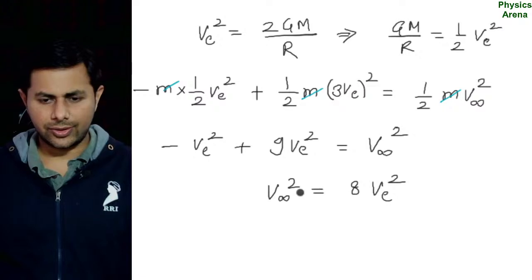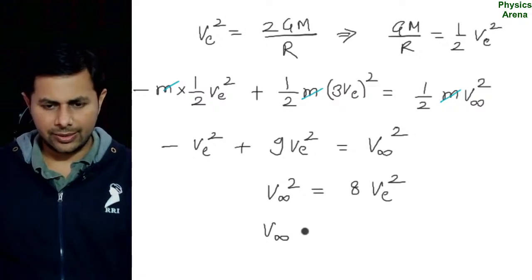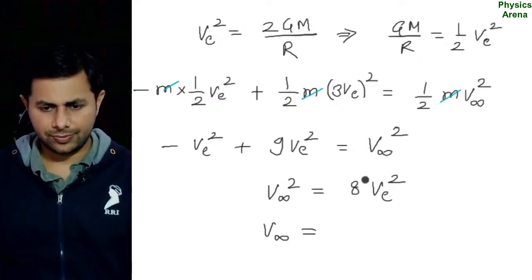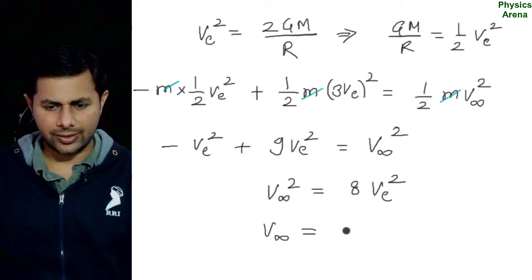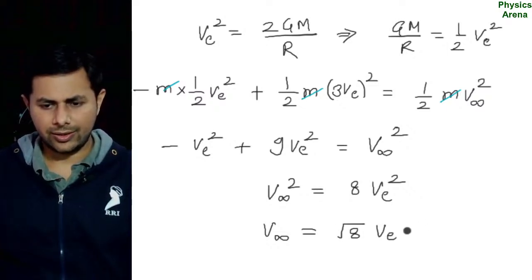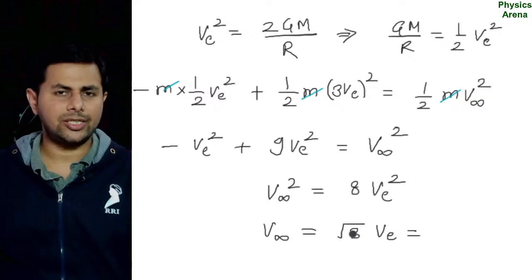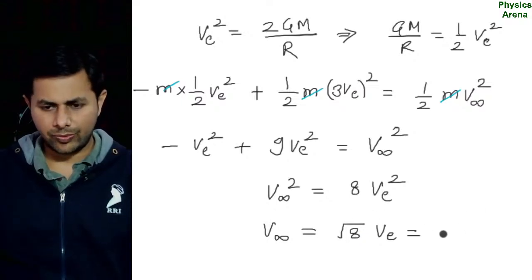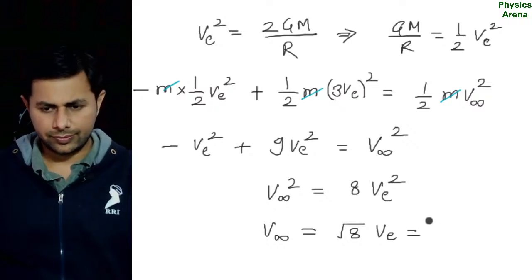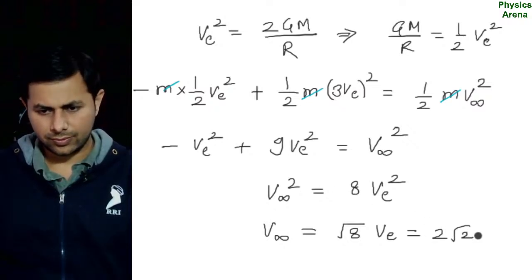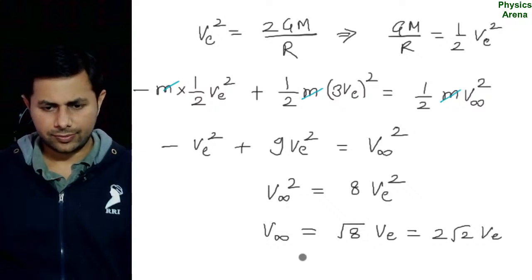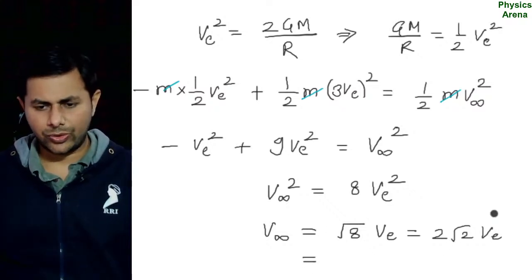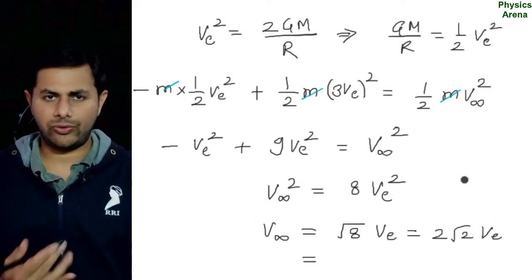If we take the square root, we get v at infinity equals square root of 8 multiplied by ve. So 8 can be written as 4 times 2, square root of that is square root of 4 multiplied by square root of 2, so it is 2 root 2 times ve, and we can substitute for root 2, so root 2 is 1.414.